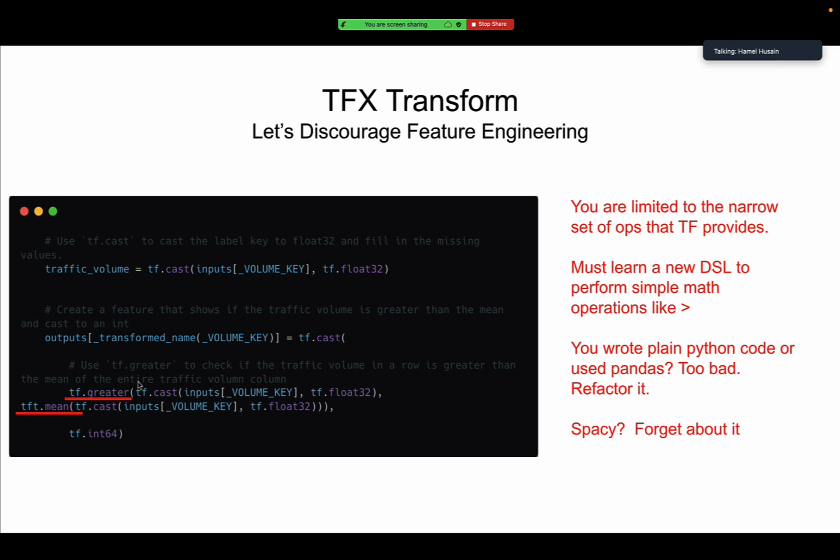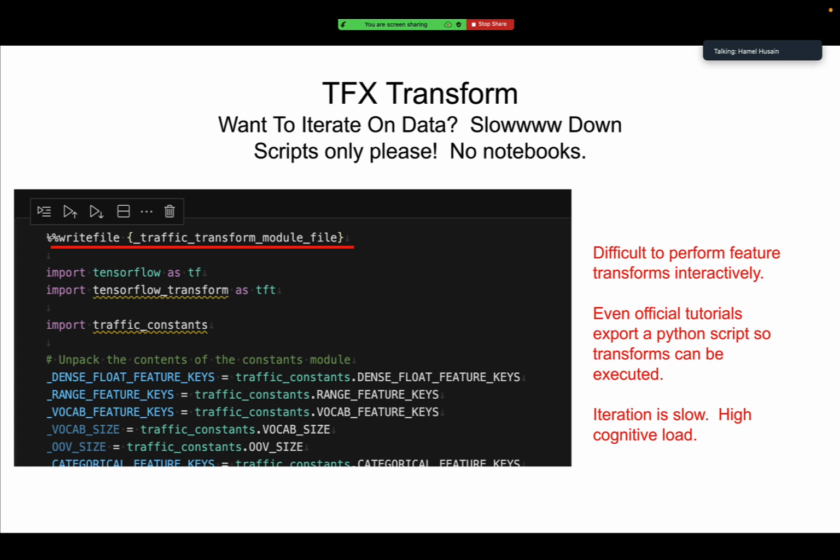You have to call a function, for example, TF greater. This can slow down feature engineering quite significantly. This is because if you have plain Python code or use pandas, you have to refactor that. Or if you're using spaCy to do some preprocessing or another library, you have to refactor all of that into TF ops. So it can be quite limiting.